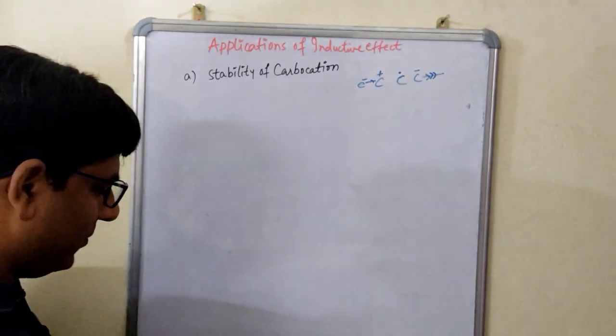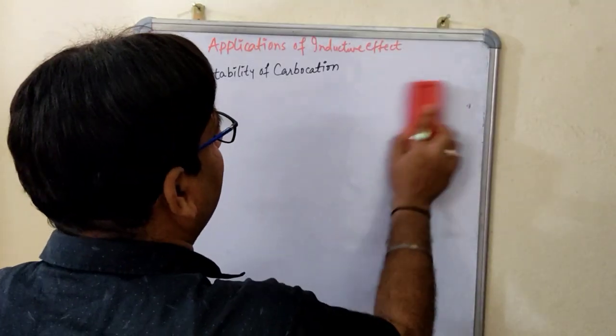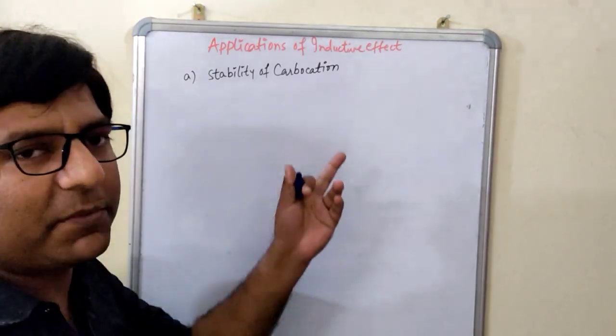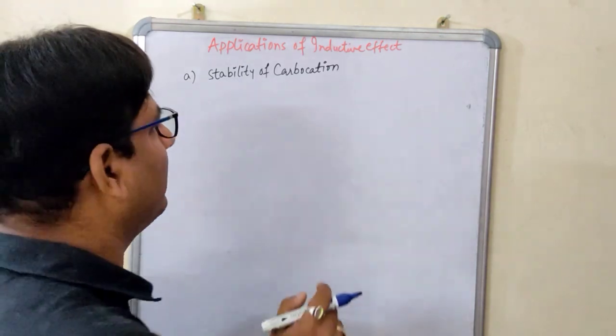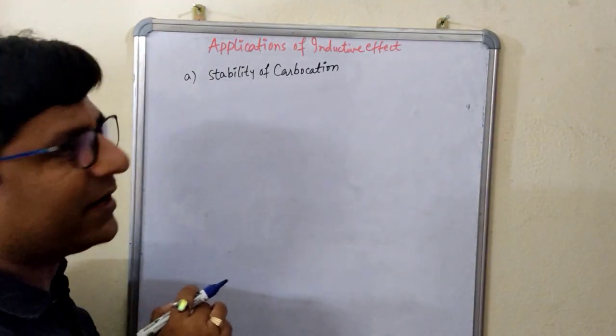Now let us see the stability of carbocations. As I told you, carbon bearing the positive charge we call a carbocation. Cation means positive, right? Now, how will we determine the stability of this carbocation based on the use of inductive effect?